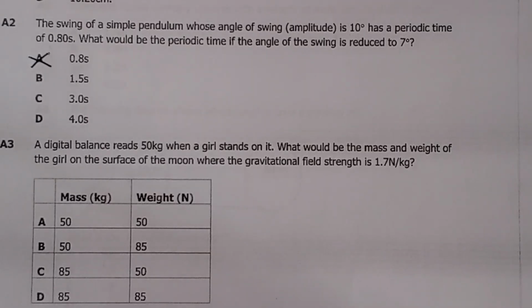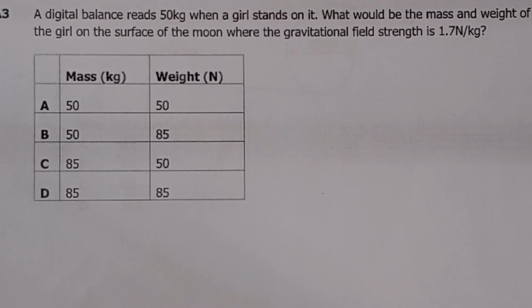So question 3, a digital balance reads 50 kg when a girl stands on it. What could be the mass and weight of the girl on the surface of the moon where the gravitational field strength is 1.7 newtons per kg?